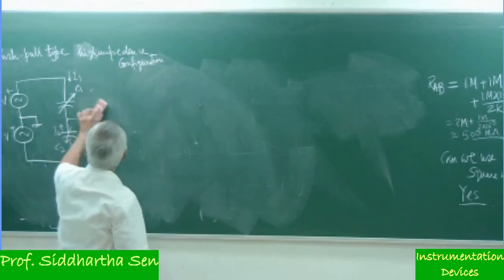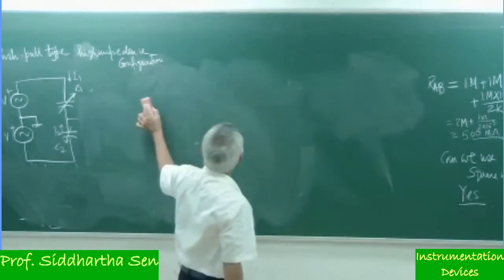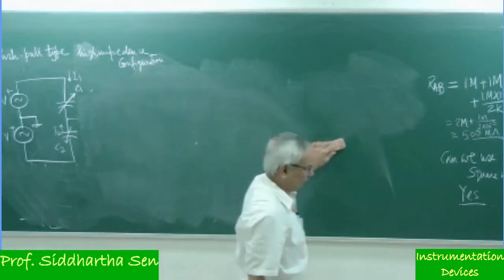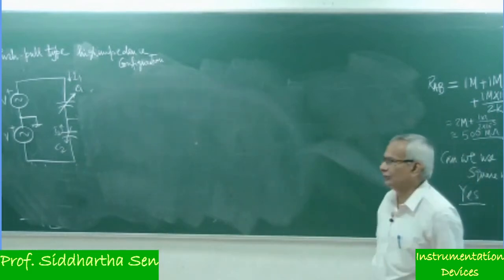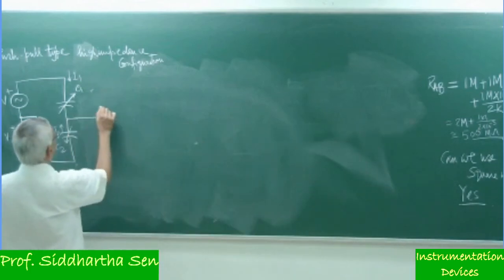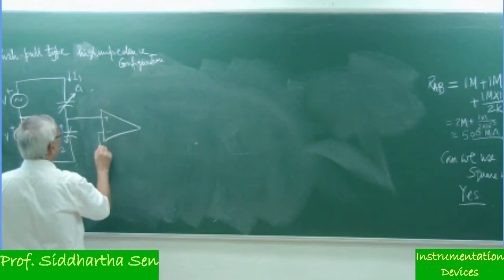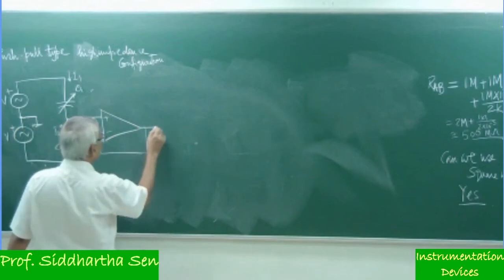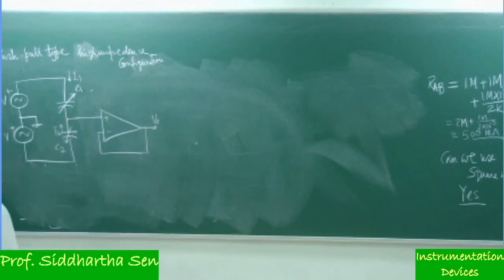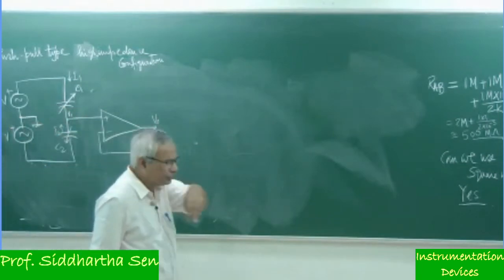What is the high input impedance configuration? It is a slight change, and basically what we want to say is that the amplifier circuit will not draw any current. So I can make it so.